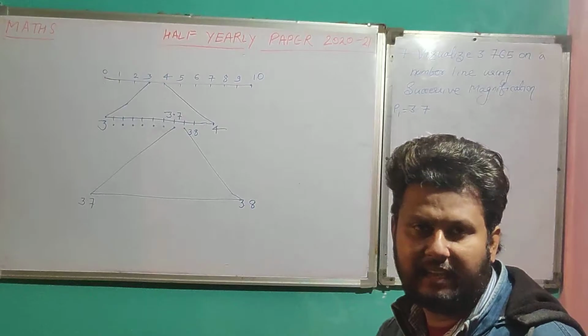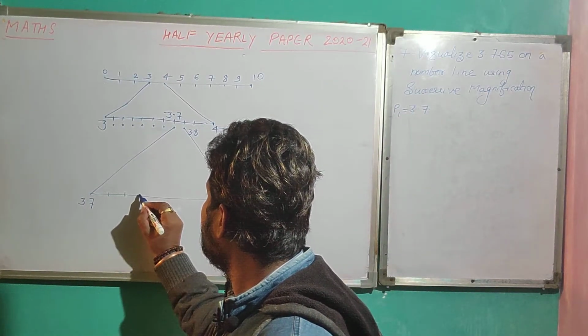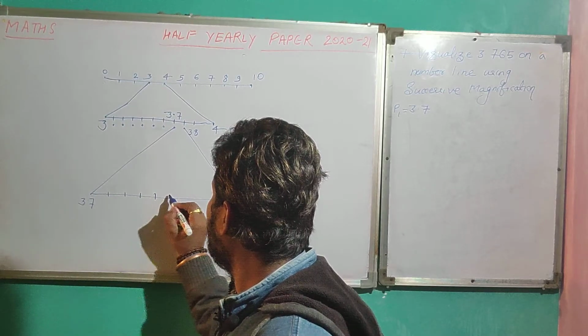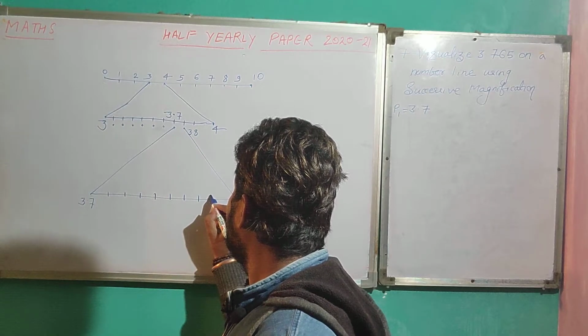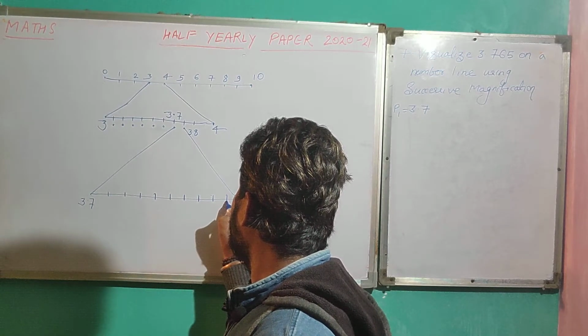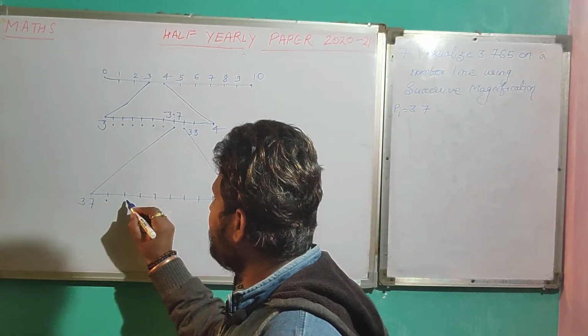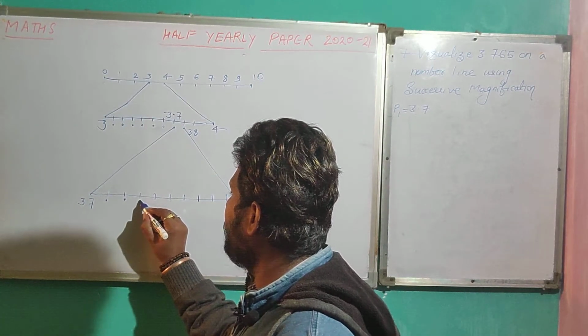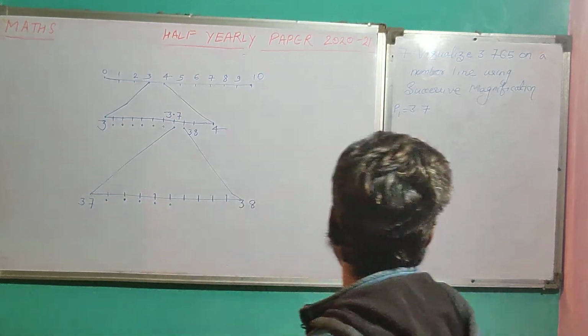Now again divide this line into 10 equal parts. 1, 2, 3, 4, 5, 6, 7, 8, 9 and 10. So this is 3.71, 3.72, 3.73, 3.74, 3.75.